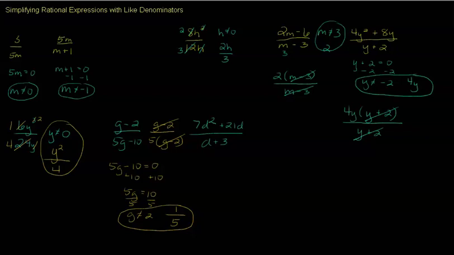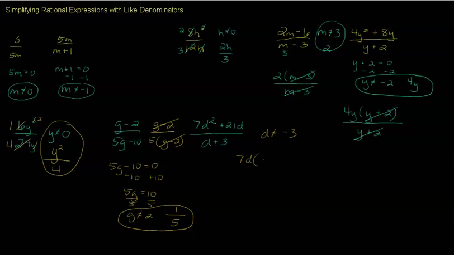All right, what can d not equal here? Negative 3. Negative 3 plus 3 is 0. So d cannot be negative 3. Now we can't do anything with the bottom here, but we can factor out a 7d out of the top, the greatest common factor. So we're going to have 7d.